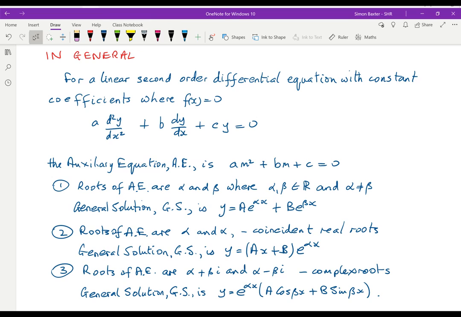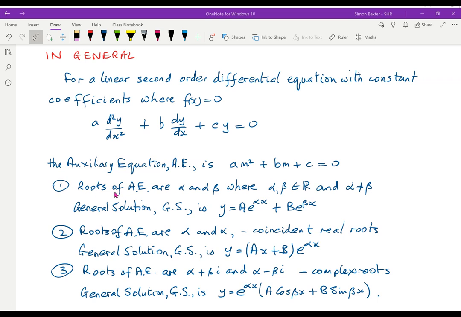This now summarizes what we've just been doing. If you have a linear second-order differential equation with constant coefficients, with the right-hand side equal to 0, a, b, and c are constant, the auxiliary equation is am squared plus bm plus c is 0. 3 cases to look at.